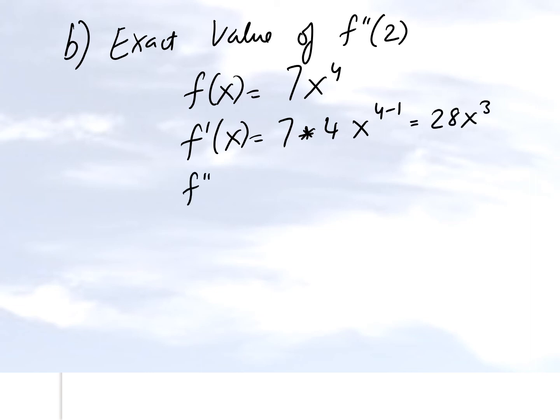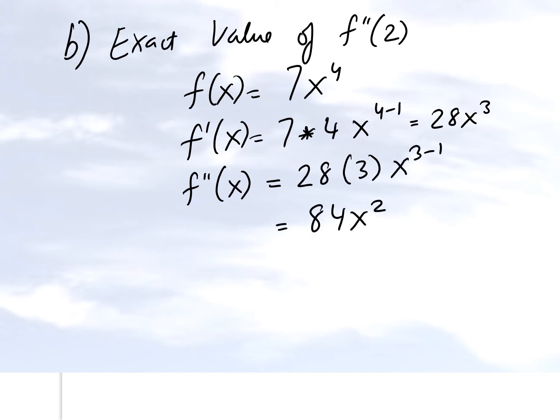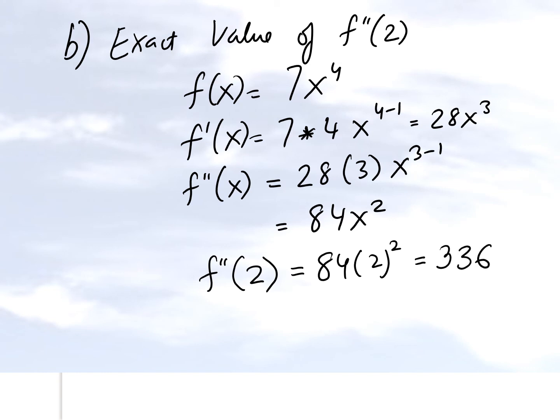We take one more derivative here to find the second derivative. So we get 28 times 3 times x to the power 3 minus 1. So that gives us 84x squared. So what that simply implies is that the exact value of the second derivative of the function at 2 will be 84 times 2 squared, which is nothing but 336.